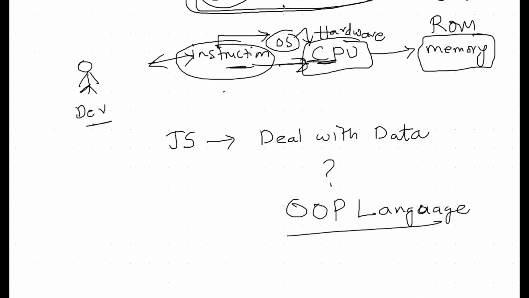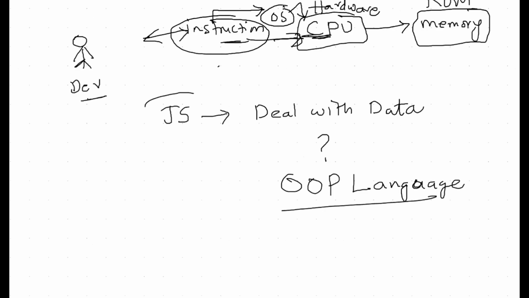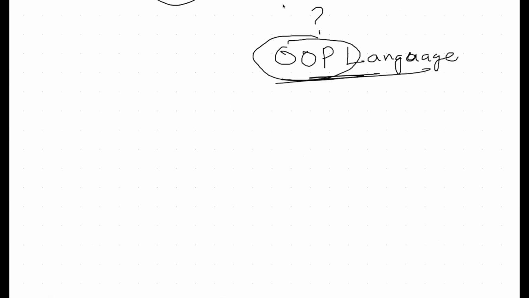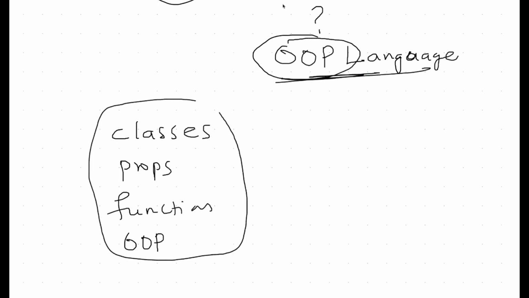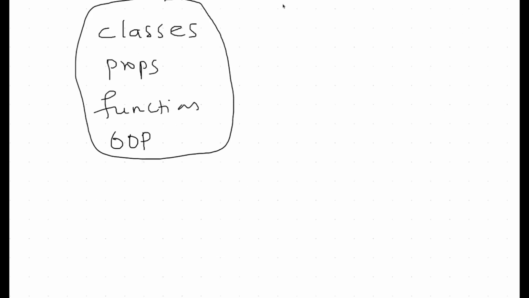They made JavaScript not just show information on your screen, but in addition, they gave it the ability to perform object-oriented programming. And what is object-oriented programming? A programming which talks about your classes, props, functions, and the OOPS principles together. Okay. Now, is it clear?